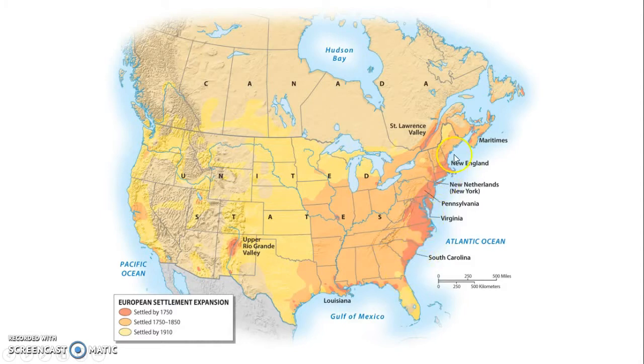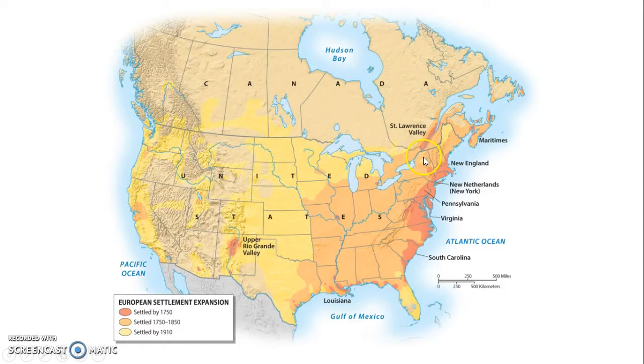These are the 13 original British colonies, including New York and Pennsylvania, Maryland, and the Carolinas, Georgia. So all these are part of the original settlement. In Canada, we see the original settlement happen around this river, the St. Lawrence and the St. Lawrence Valley.